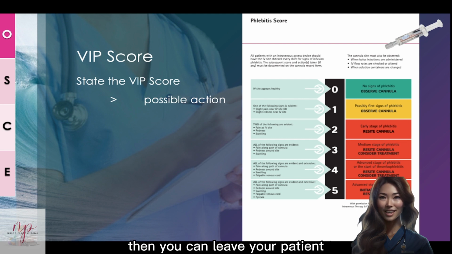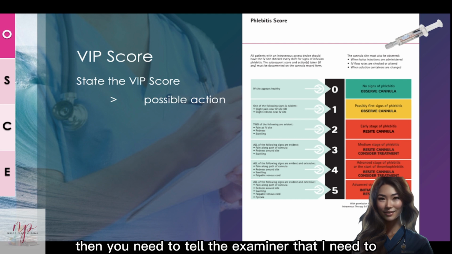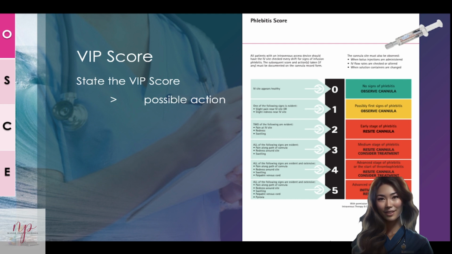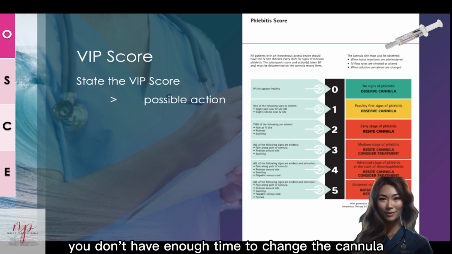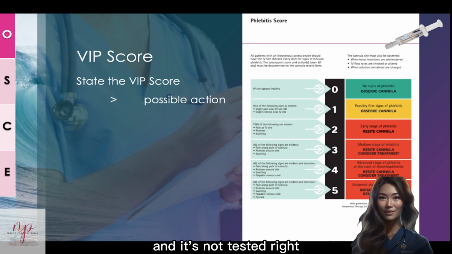Then you can leave your patient and gather your equipment. But in case your scenario's FIB score is 2 to 5, then you need to tell the examiner that I need to resite the cannula. I think the examiner will say that the cannula has been resited, because you don't have enough time to change the cannula and it's not tested, right?